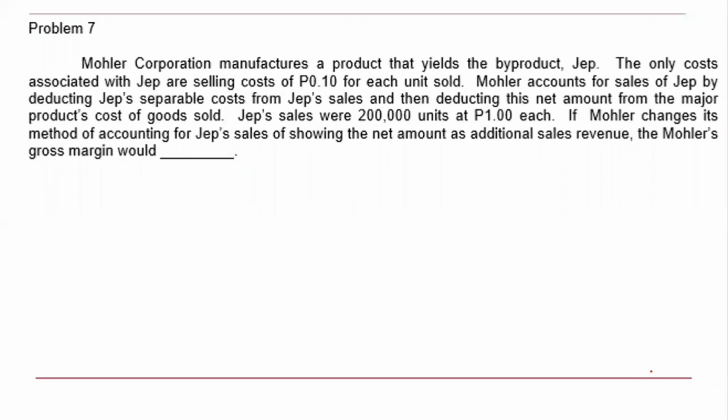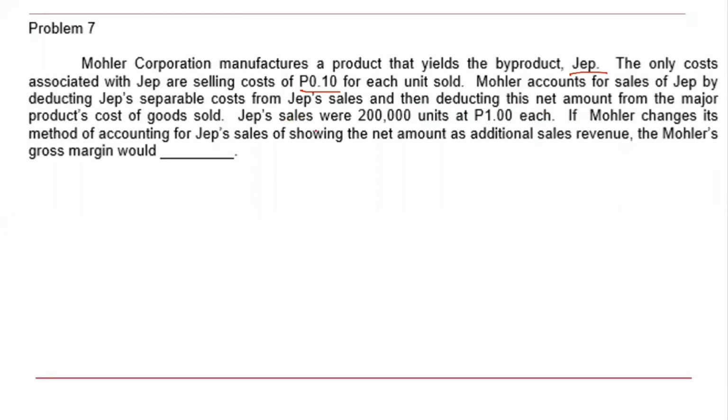Problem number 7: Molar Corporation manufactures a product that yields the byproduct JEP. The only costs associated with JEP are selling costs of 0.10 for each unit sold. Molar accounts for sales of JEP by deducting JEP separable costs from JEP sales and then deducting this net amount from the major product's cost of goods sold.